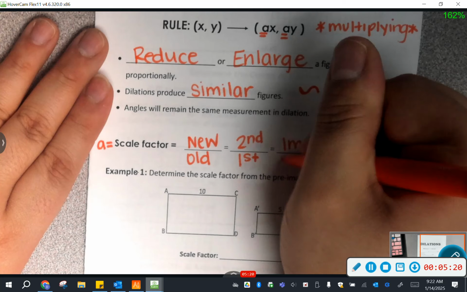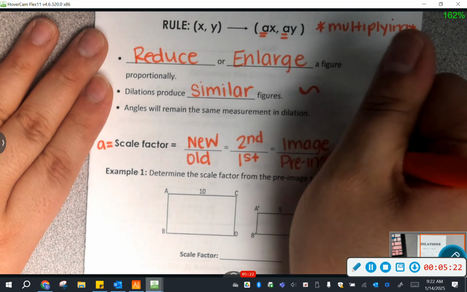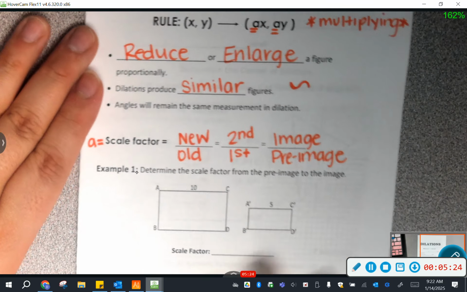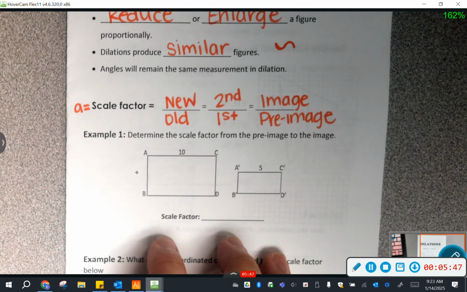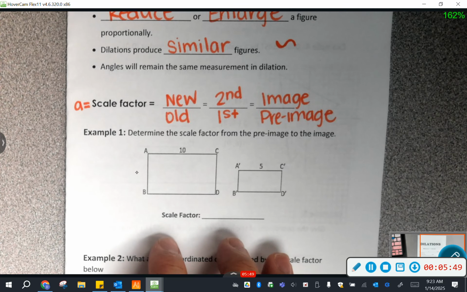Or your image over your pre-image. Can you write those down, please? Anybody need a pencil? Y'all have that written down?